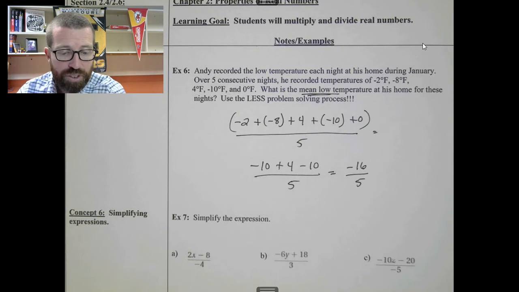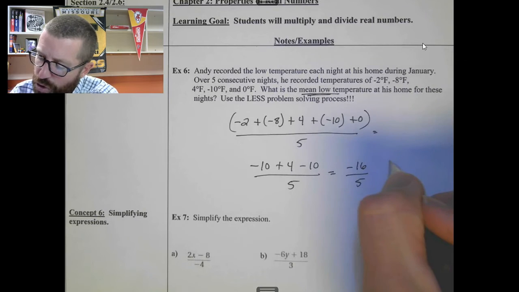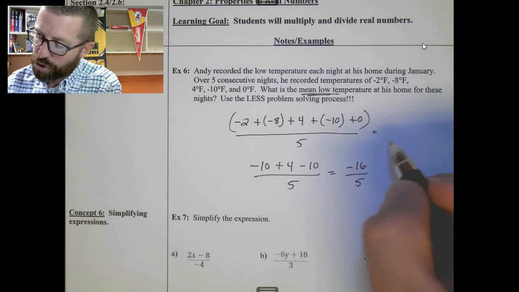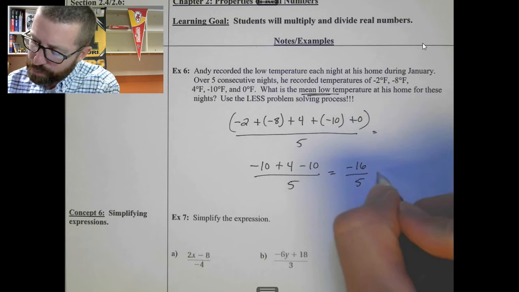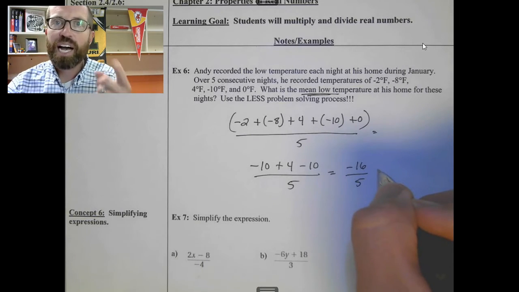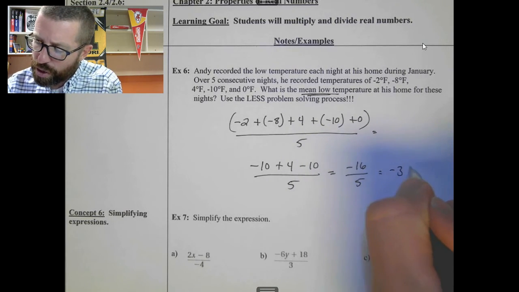And you can leave it as -16 over 5. If you wanted to get the decimal, you could. You could also write it as a mixed number. So 5 goes into, we just count maybe 5, 10, 15. So that's -3 and 1/5.